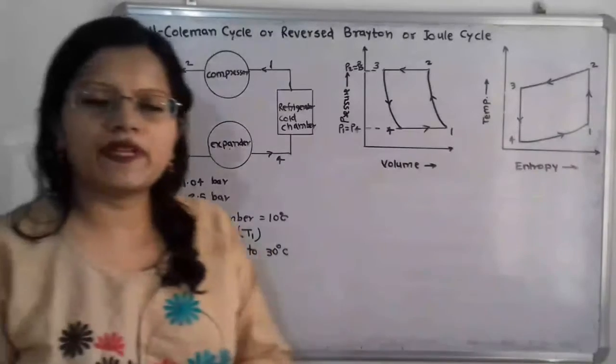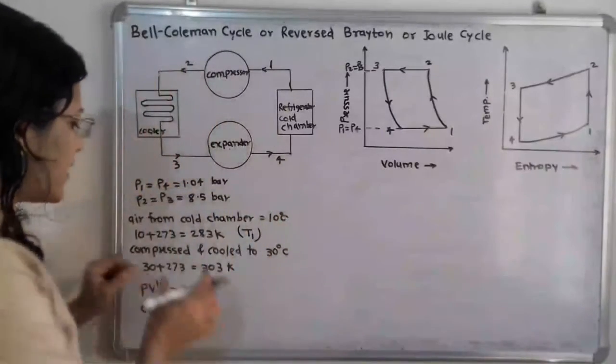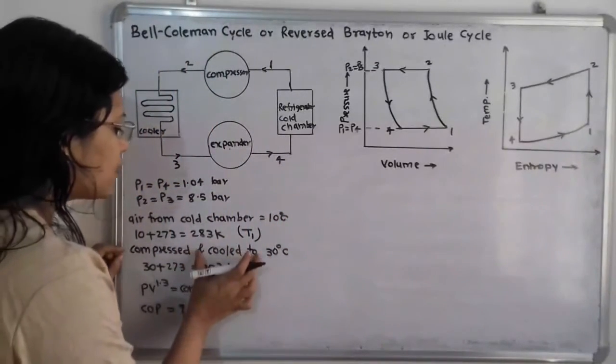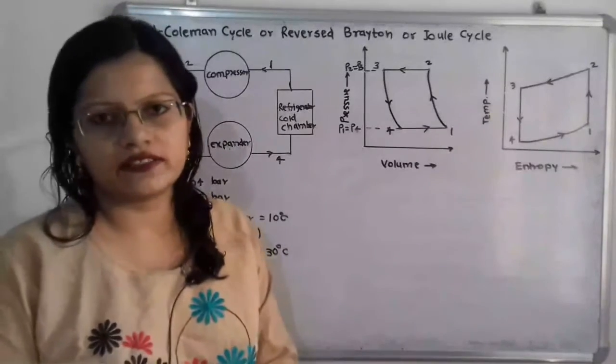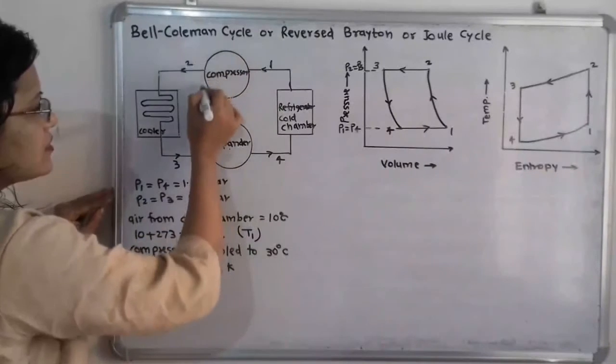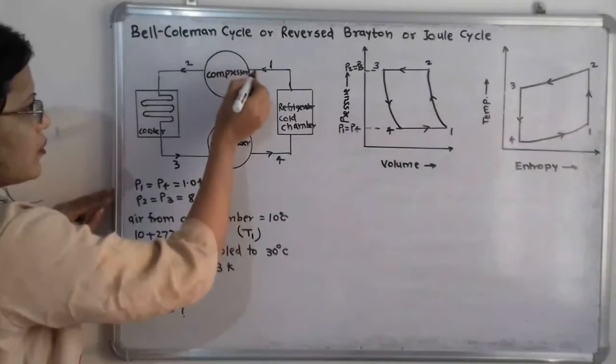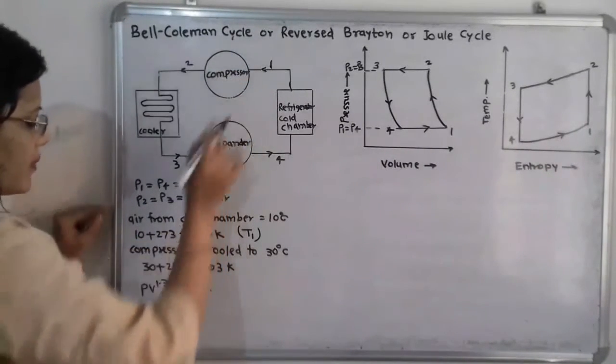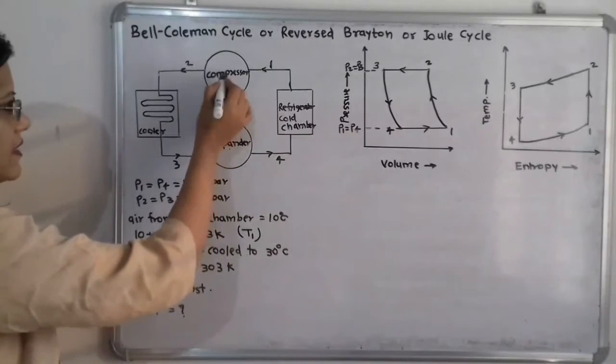Then what happens to this air? It gets compressed and cooled to 30 degrees Celsius. In the diagram, the next process is compression, which takes place in the compressor.